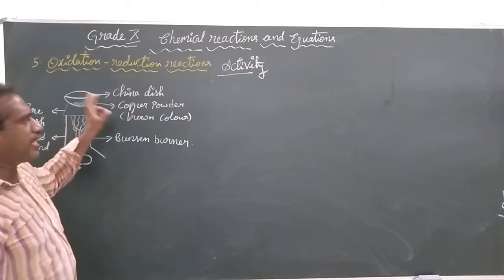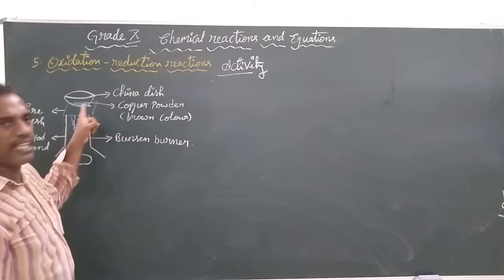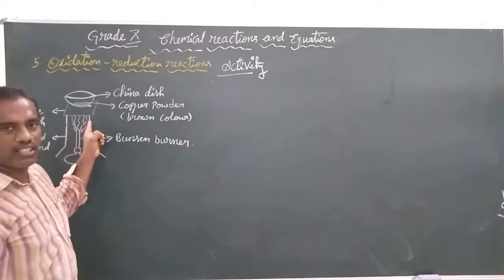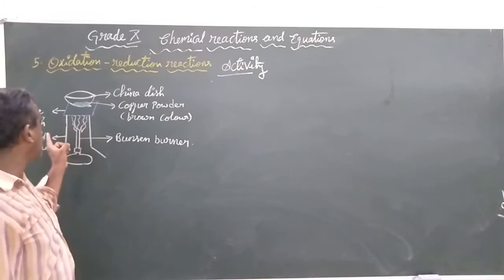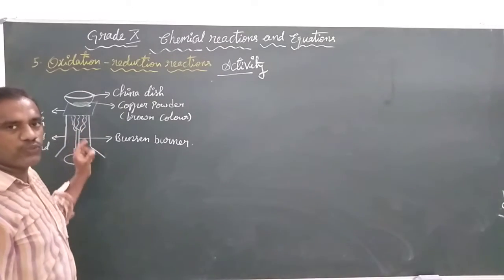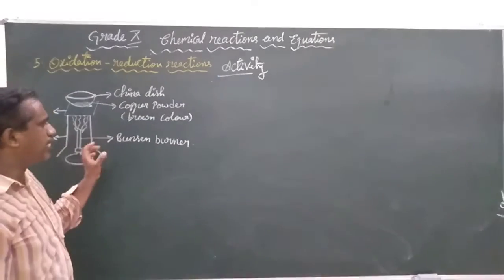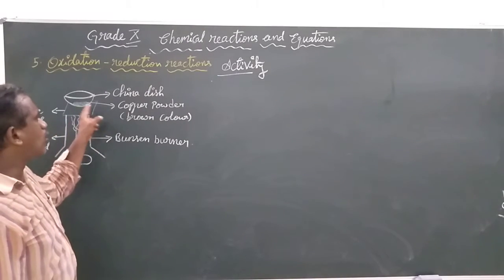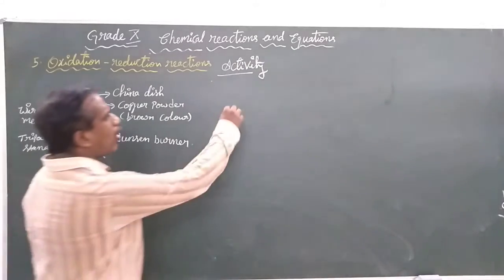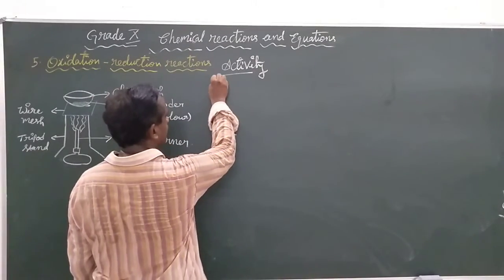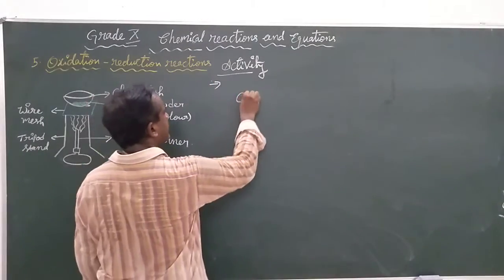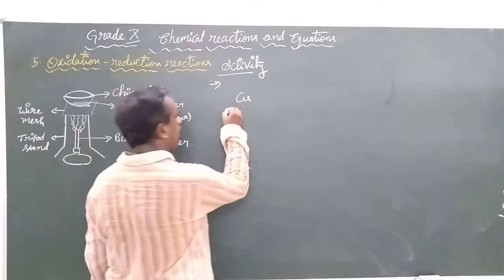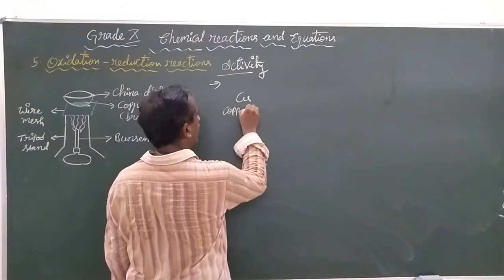Initially, after taking the copper powder in the china dish and placing the china dish over the white mesh, which is placed over the tripod stand, once we start igniting the Bunsen burner, it will supply the heat for the copper powder. We say it is in the solid state, but it is in the powdered state.